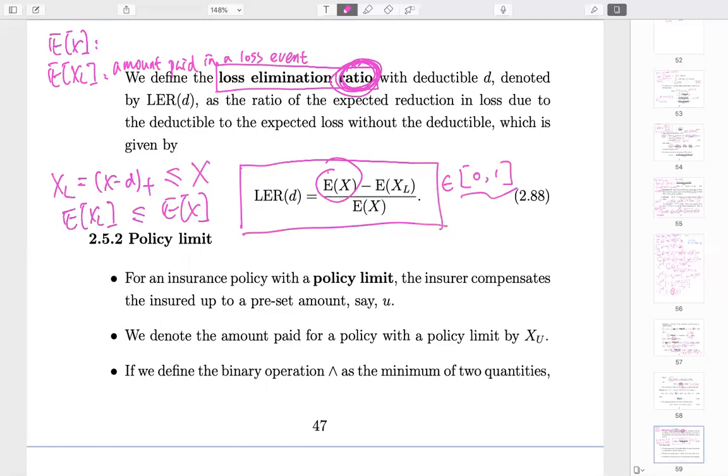And this is the amount incurred, in a claim, in a loss event. Amount incurred and amount paid, there's a difference, right? The difference is what you accomplish by introducing the deductible. So the difference is somehow the benefit to the insurance company, right? When you introduce this deductible, how much loss can you eliminate?